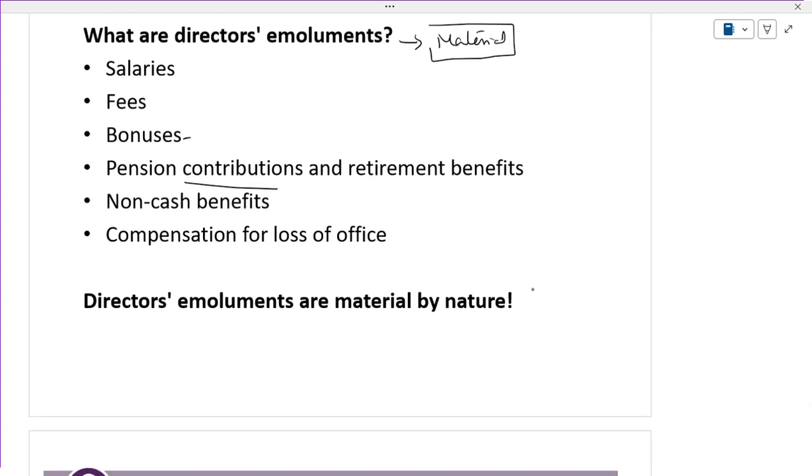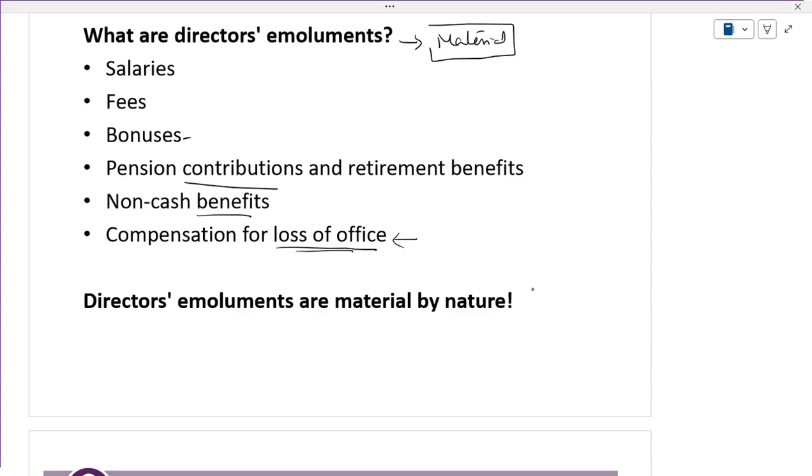Any non-cash benefits, accommodation, conveyance, any other facilities they are provided, and compensation for loss of office. This is one thing. It means if the director is retired or if the director is sacked, there is something there.